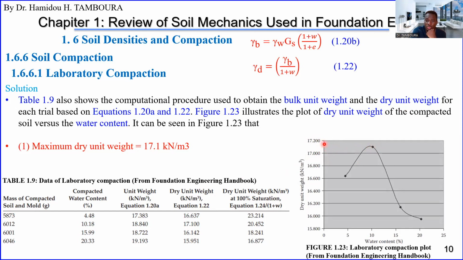So 17.1 kilonewton per cubic meter. And the optimum water content will be about 10%. These are the information we need each time you do the Proctor test in the lab.